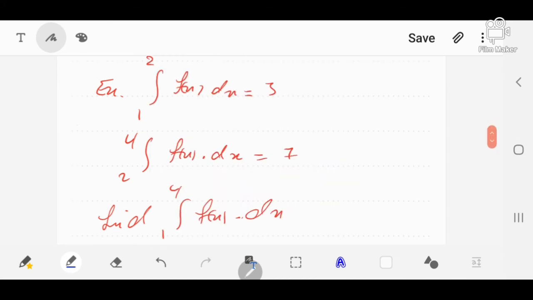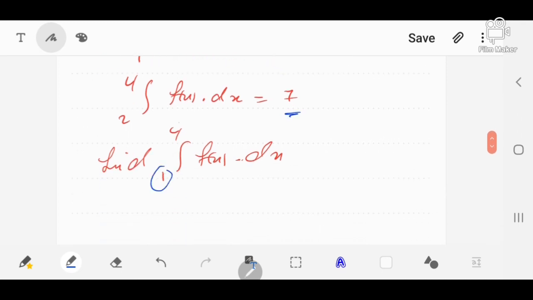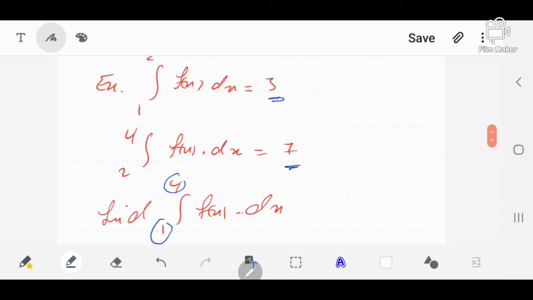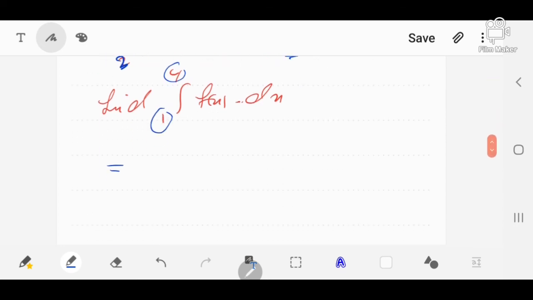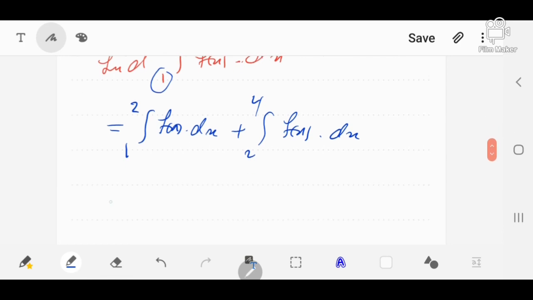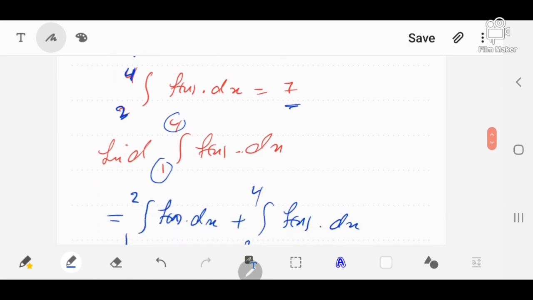So what do I have here? 1 to 4. Do we have anything that can help me? Yes, the beginning is 1 and the end is 4. Do I have a common number? Yes, there is 2 here, and there is 2 there. So this can be done as from 1 to 2 of f of x dx plus from 2 to 4 of f of x dx, which means the answer is from 1 to 2, which is 3, plus from 2 to 4, which is 7. So it will be 3 plus 7, which is equal to 10. Okay.